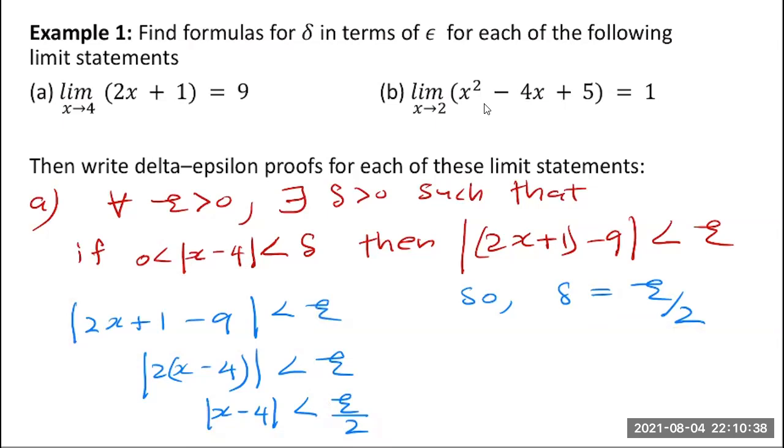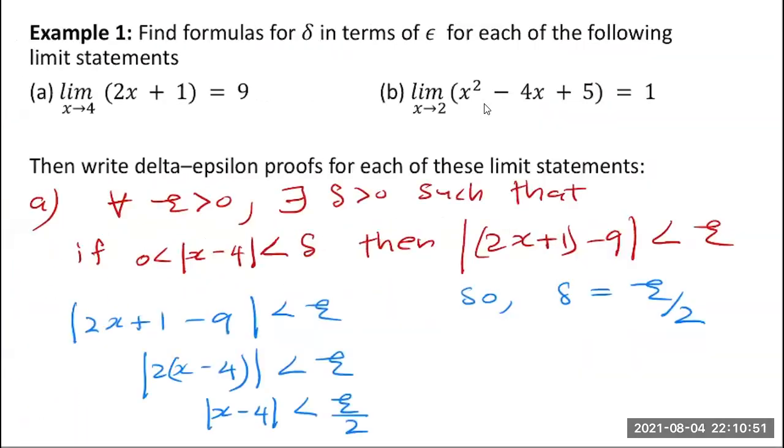All right, now the next step, how do you give the delta-epsilon proof for this limit statement? Well, we start it like this. Again, we need to prove this statement, right? This is what we need to prove. Let me copy this part.